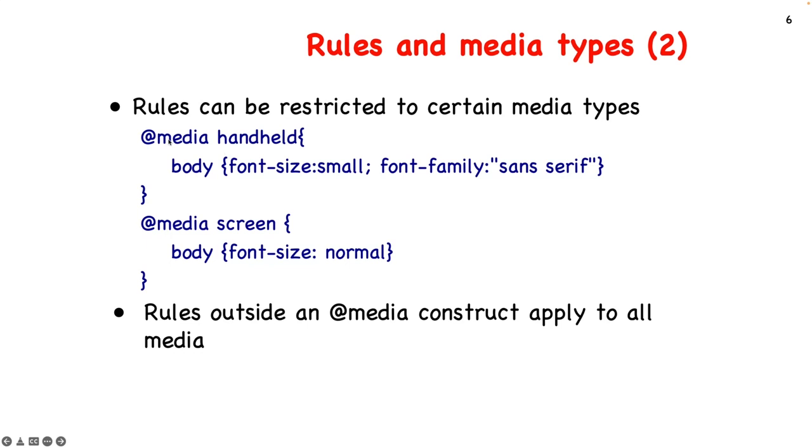We can say, if we've got handheld, the body should have a font size which is small. This is a relative font size: what the browser thinks is one size below normal, and it should be whatever the browser thinks the local sans serif font is. If it's on screen, the font size of the body should be normal.